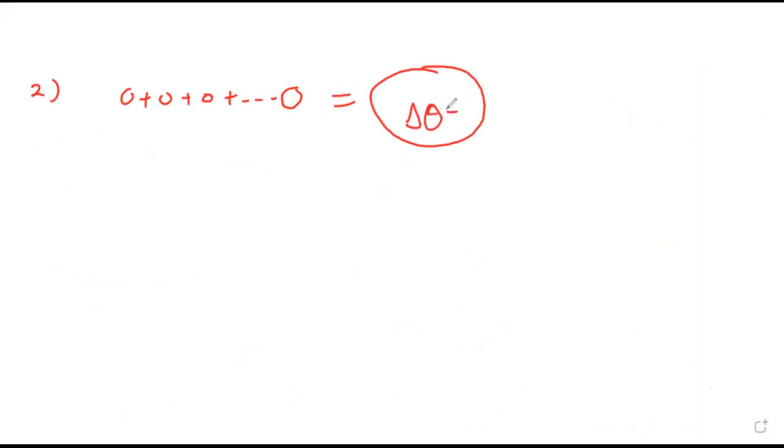Second one: droplets combine together and become a drop. What is the rise in temperature? So we know dU is T into 4 pi r square, n minus n raised to 2 by 3.